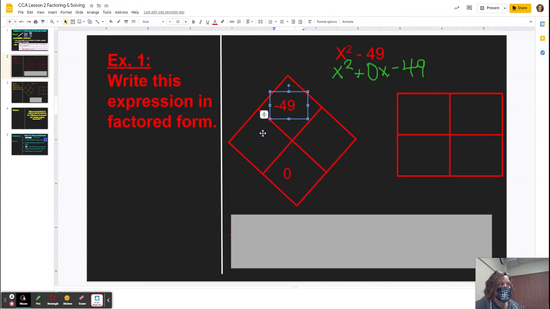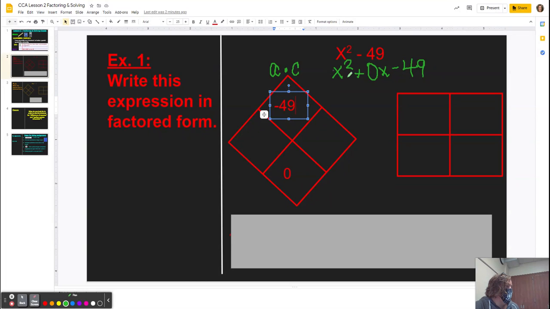For the top triangle of the diamond, it's always A times C, correct? But for x squared, what if there's something in front of the x squared? Good question. If there's a coefficient in front of the x squared, you always do A times whatever C is to get what's inside the top of the diamond.